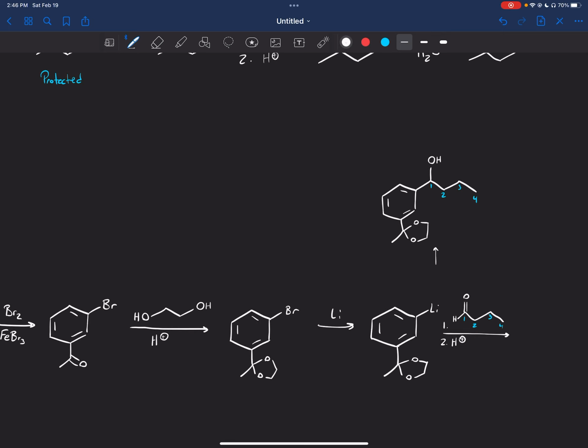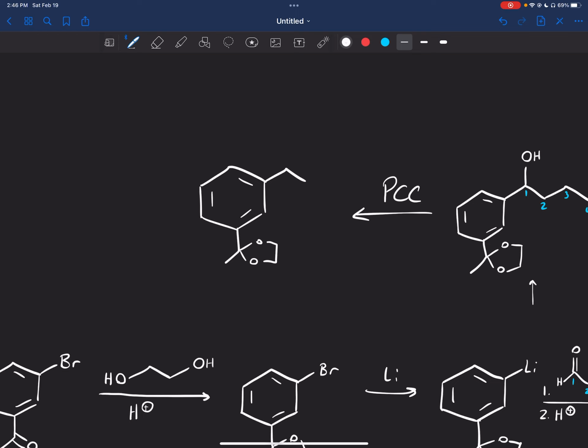We have to just make sure that we return it into a double bonded O, and we have to take this protecting group off. So first, let's turn it into a double bonded O compound. We can use PCC. And remember, PCC is one of our oxidizing agents.